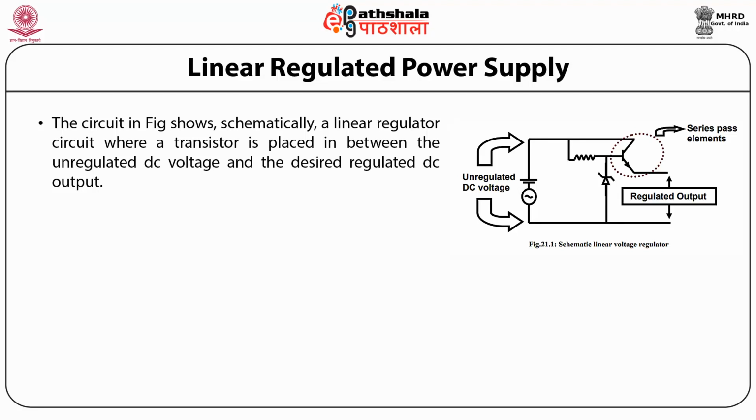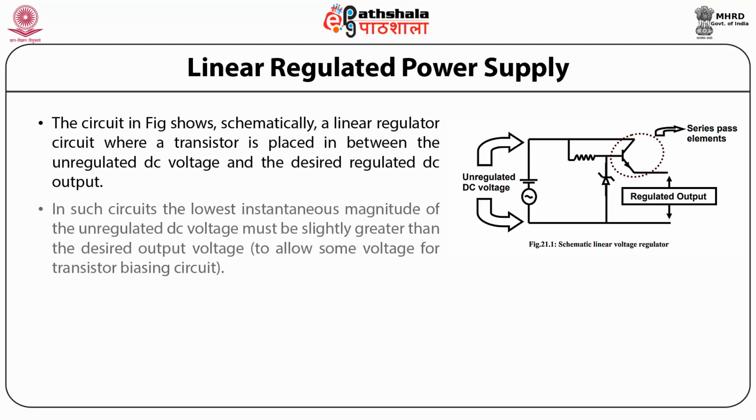The difference between the instantaneous input voltage and the regulated output voltage is blocked across the collector emitter terminals of the transistor. In such circuits, the lowest instantaneous magnitude of the unregulated DC voltage must be slightly greater than the desired output voltage to allow some voltage for the transistor biasing circuit.